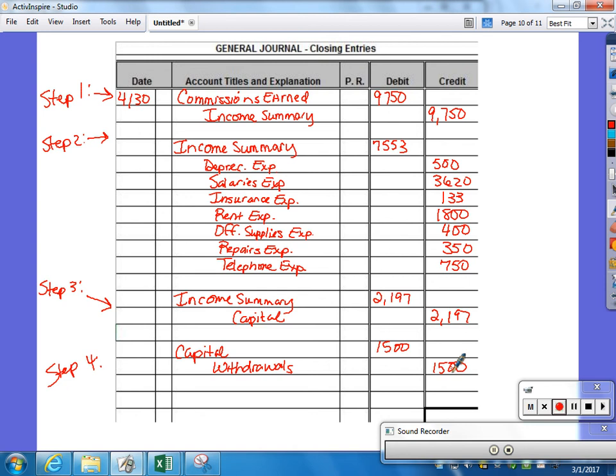The normal side for revenues is credit, so you debit it to close it to zero. The normal side of expenses is debit, so you credit them. And income summary, a temporary account, has a normal side of credit, so you debit it to close it to zero.